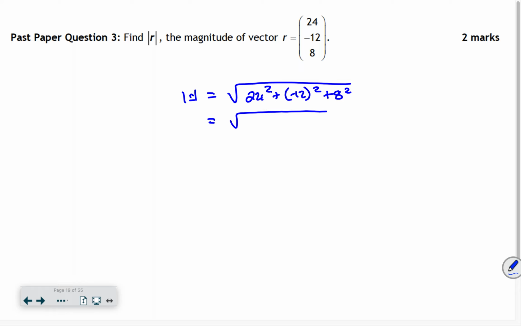So 24 squared is 576 plus 144 plus 64, which will give us the square root of 784. And we can find the square root of that on our calculator, and it gives us 28.